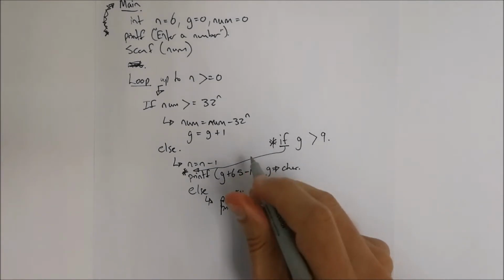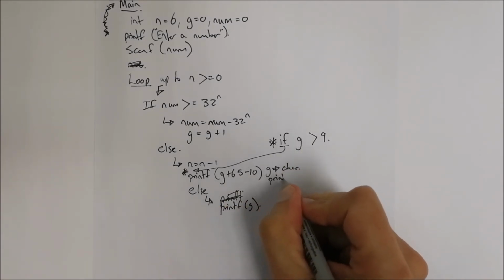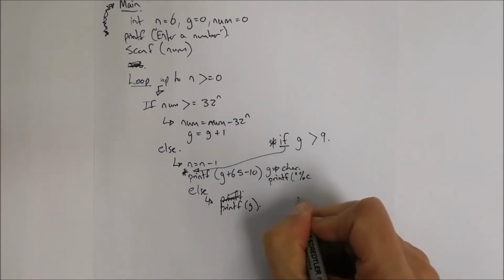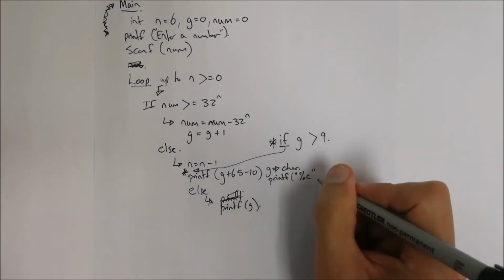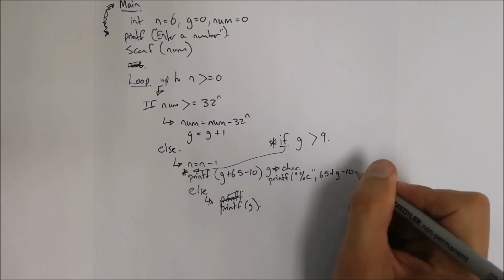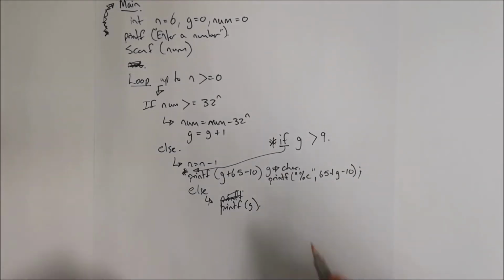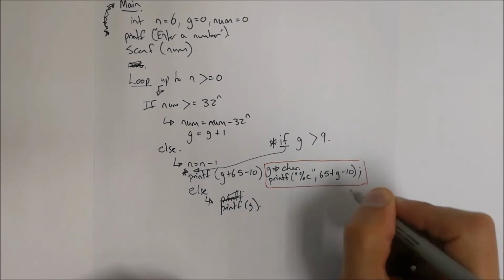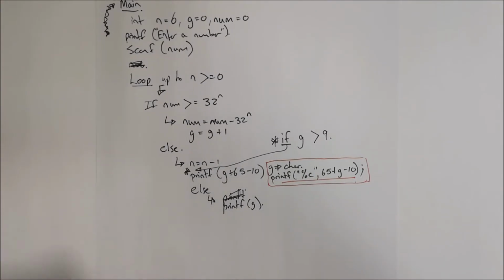So in other words, if we want to print the ASCII value of it, we actually need to use the command printf %c, comma 65 plus g minus 10. Okay, so this over here, this is just my little bit of rough notes that I've got to make. This is a command I'm going to actually be using. That's just what I've got to keep in mind over there.